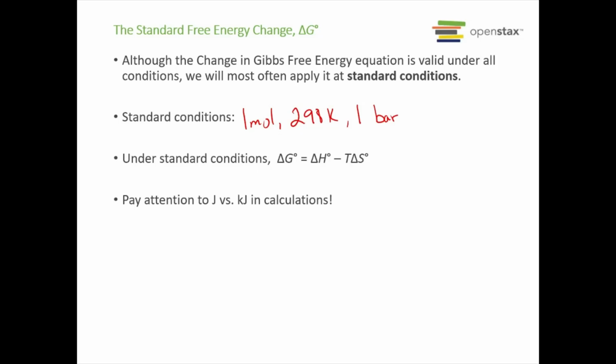You don't need to remember what the standard conditions are. Just know that you have standard conditions, and so the delta G equation becomes delta G standard equals delta H naught, or delta H standard, minus T delta S standard.